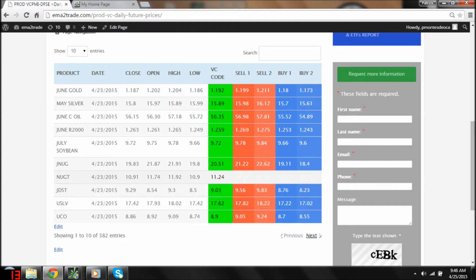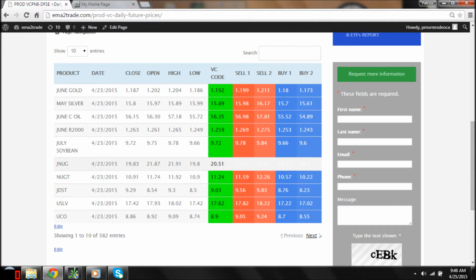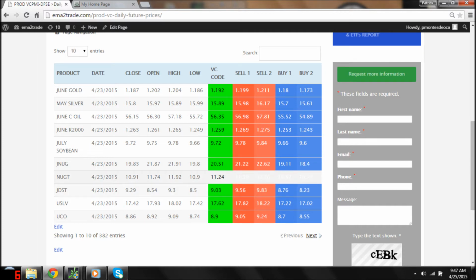JDUST is an inverse ETF for gold mining shares. Nugget, it's an inverse ETF. And JNUG, it's an inverse ETF. These are aggressive instruments that we have found can be day traded as successfully as position or swing trading. And so we're taking advantage of these markets as we see the opportunity.